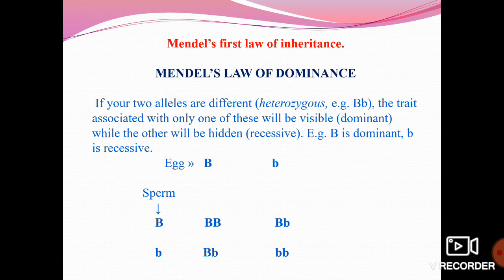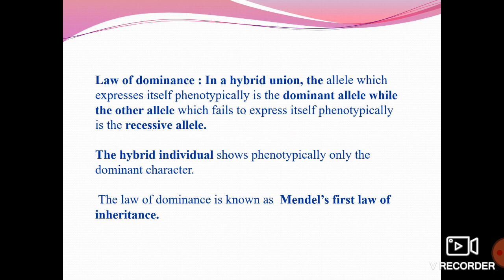So the result is, from this we can say that when two individuals differing in one pair of contrasting characters are crossed, then the dominant character is expressed in the F1 generation, and that is known as the law of dominance.